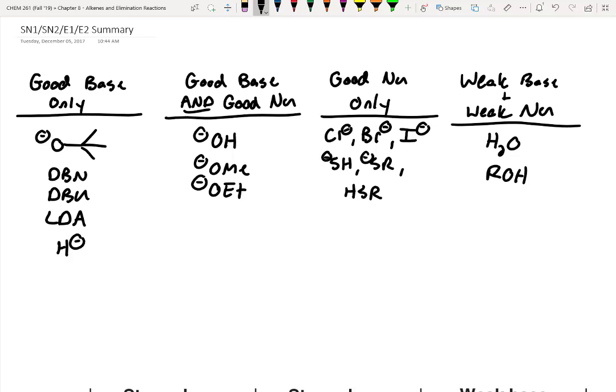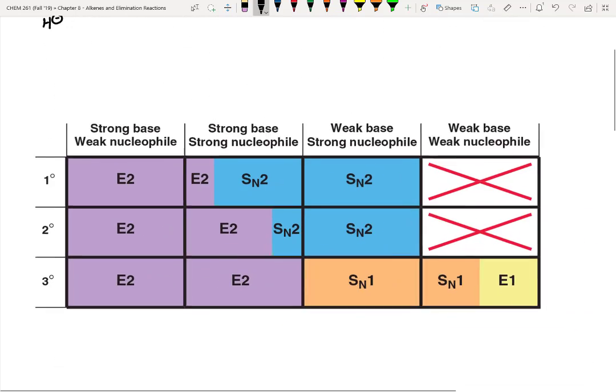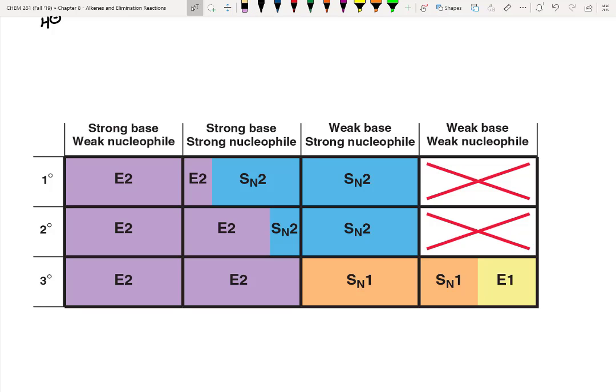All right, I'm going to show you something that I always kind of hesitate to show my students, but you'll probably find it anyways. If you go through the book or go on the internet, you will find all sorts of flowcharts and tables where they say, over here, what sort of substrate do you have? Is it primary, secondary, or tertiary?